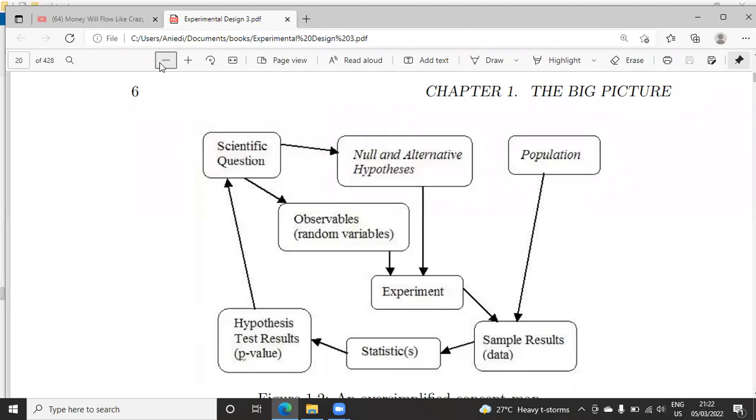So an experiment should be designed in such a way that each factor, or several levels, are targeted. You cannot just generalize. You must group your population in such a way that you are able to conduct the experiment.